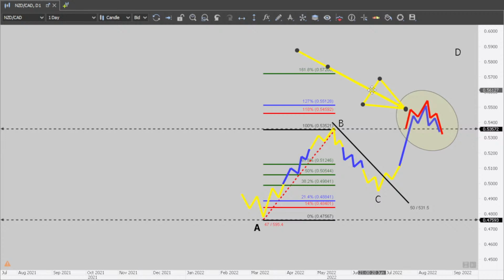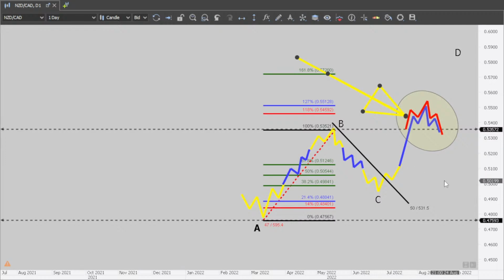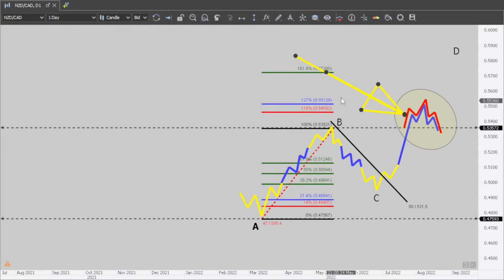If you are a swing trader, hear me out, most of you are swing traders so far. If you are a swing trader working from the 4-hour chart or 2-hour chart or the daily chart, you should stay in the trade. Why? Now let's go step by step.